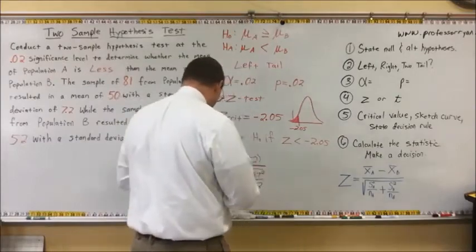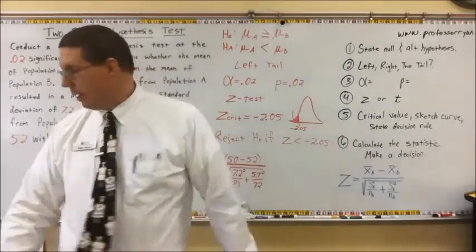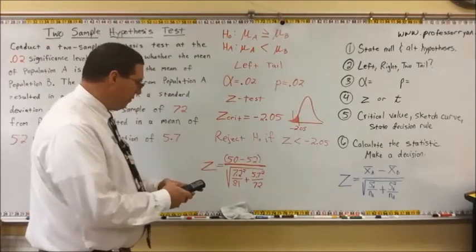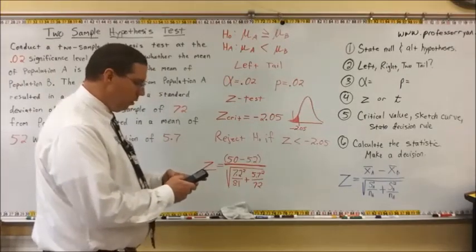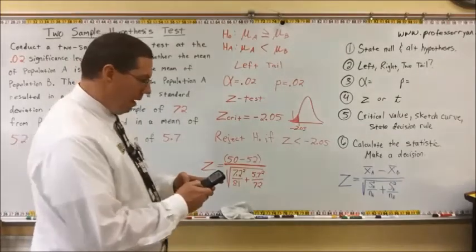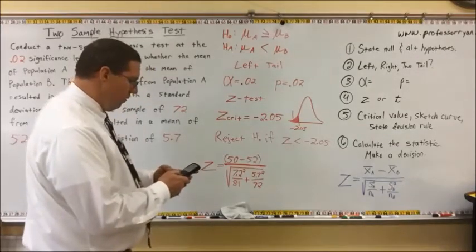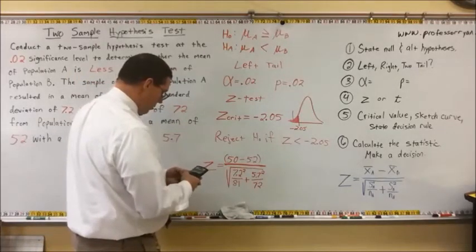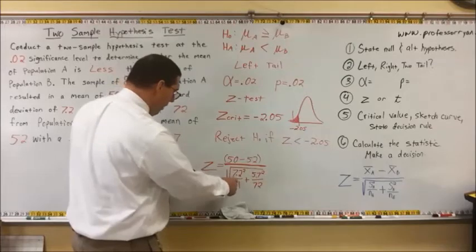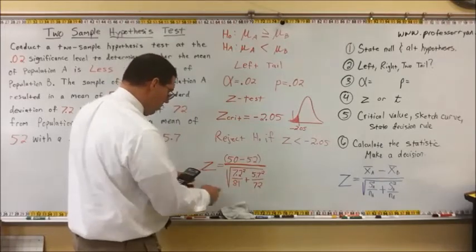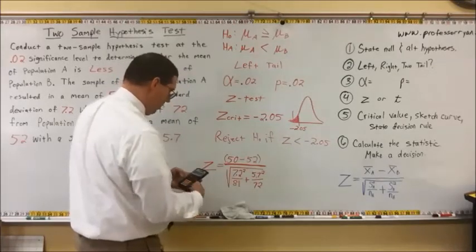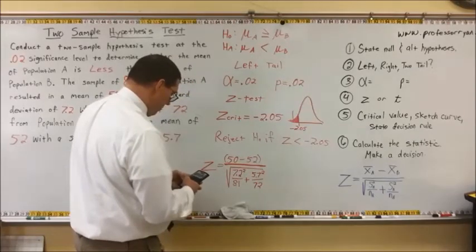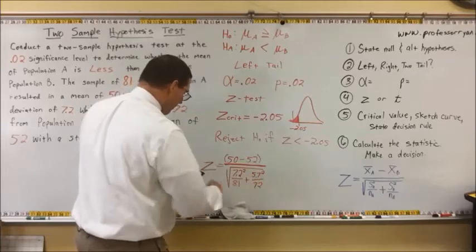Let's see here. Grab my calculator. Here it is. All right. I got parenthesis 50 minus 52, close parenthesis, divided by the square root of 7.2 squared divided by 81 plus 5.7 squared divided by 72.